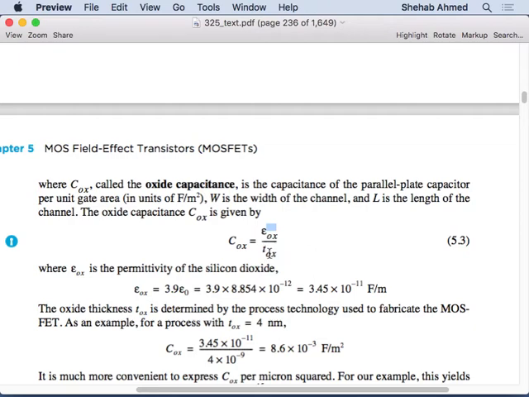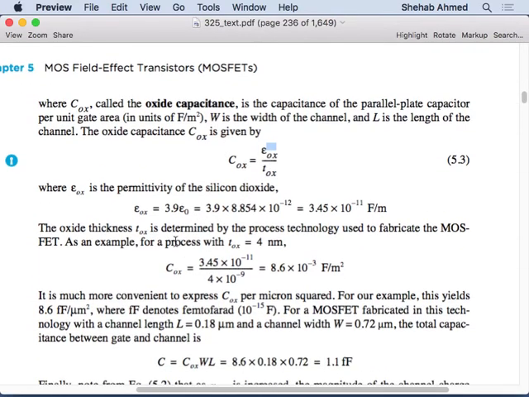You still want a certain amount of current to operate a device, but now you can store more charge in a smaller device. That means you can cram more of these devices in and do more things. That's what this means. So COX is a manufacturing dependent, or process dependent, device parameter.